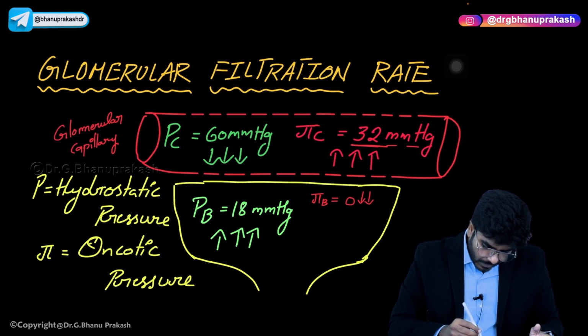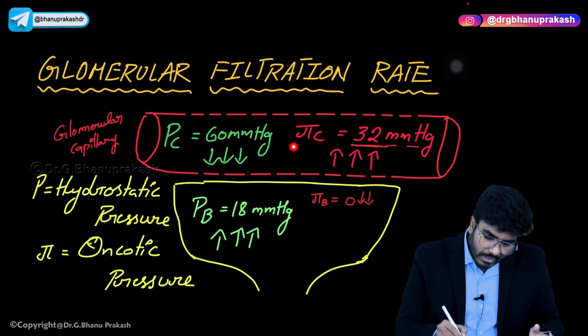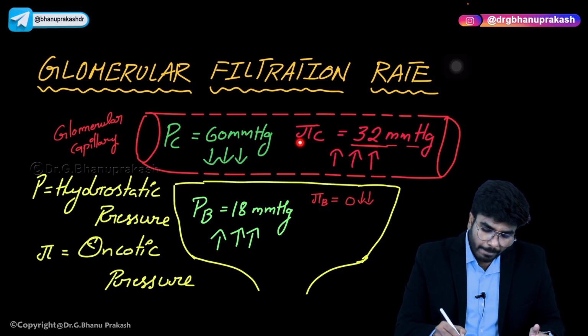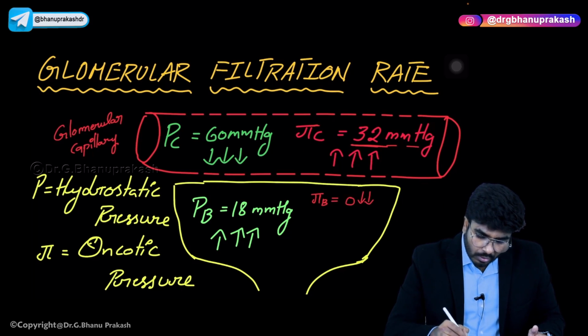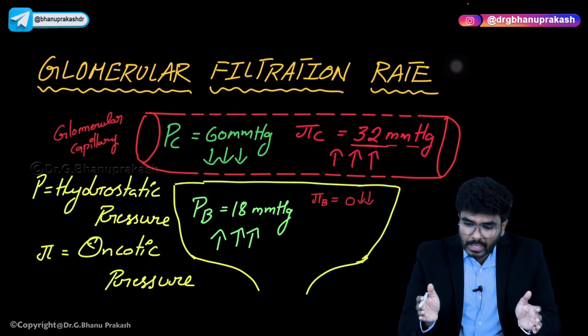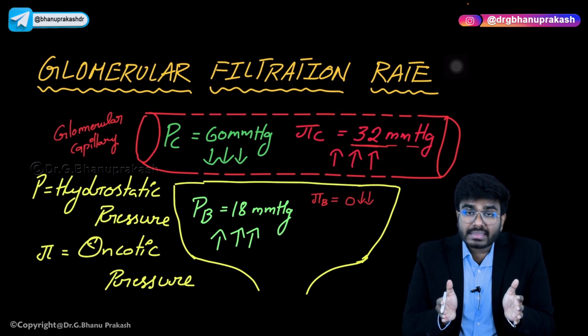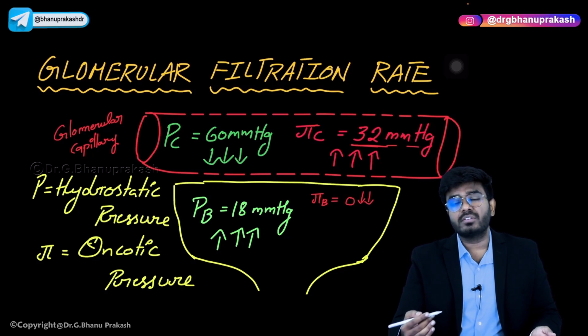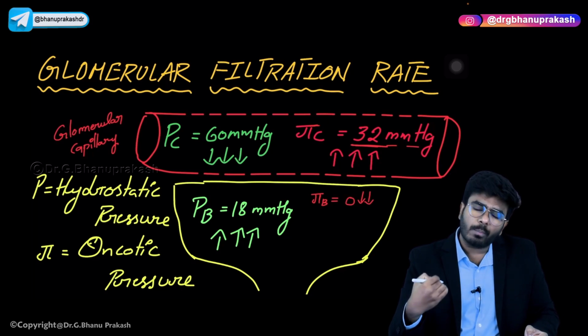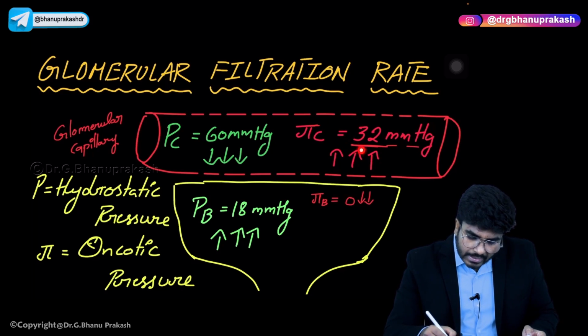In the same way, because of the albumin here, you are going to have a pressure which is opposing the filtration. Albumin all the time wants the plasma to stay in the capillary. Yes, it's opposing the filtration. How much is that? It is 32 mmHg.